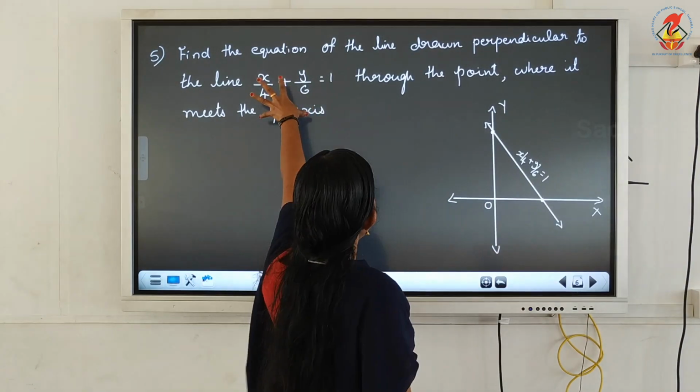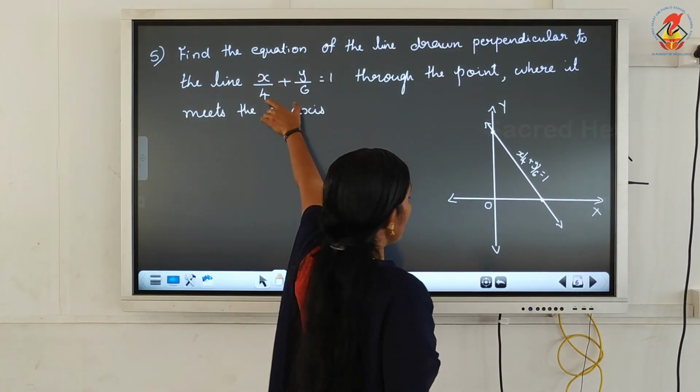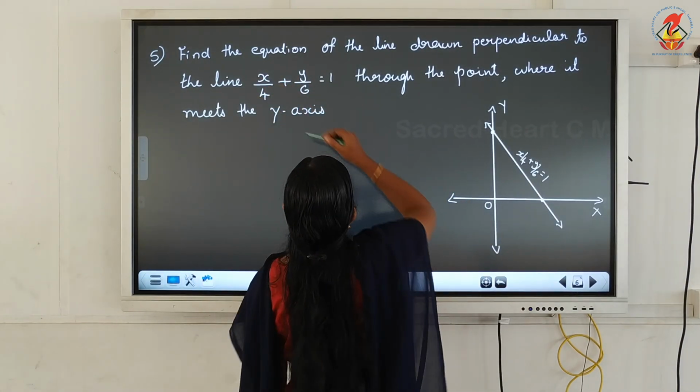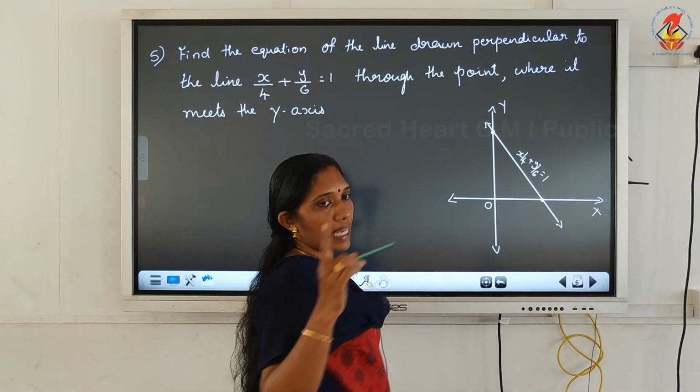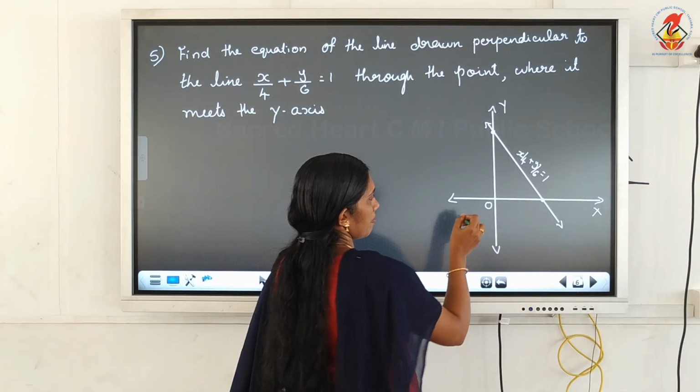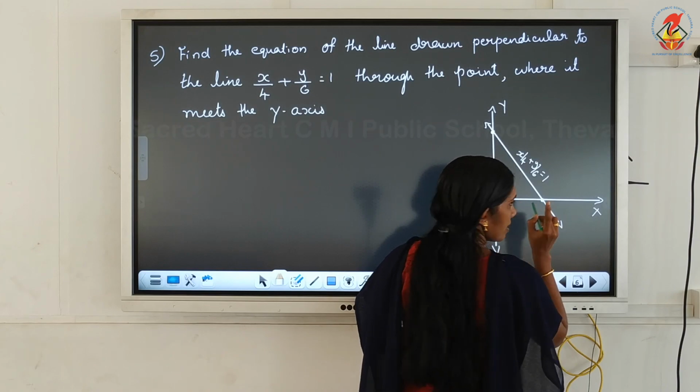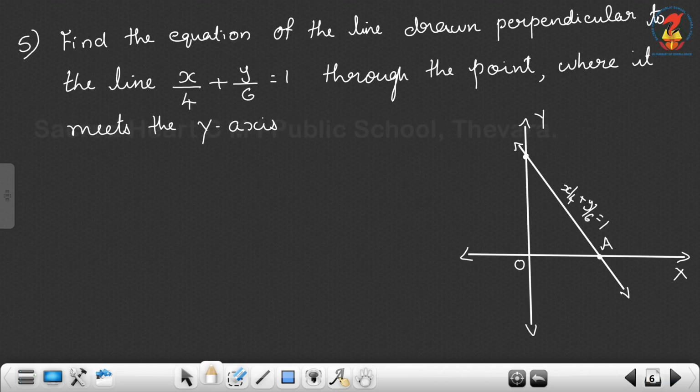This is the graph of this given line. And this denominator, that is a, means x-intercept. So this much length is the x-intercept, or I can write the coordinates of A as 4, 0, and for b, O to B, that distance is 6, or the point B is 0, 6.